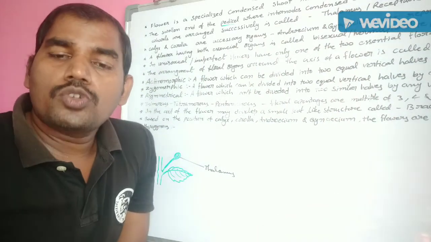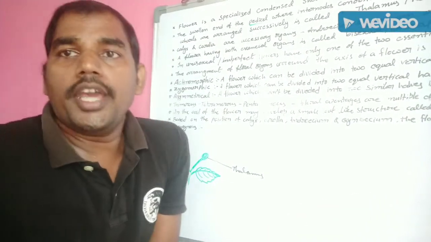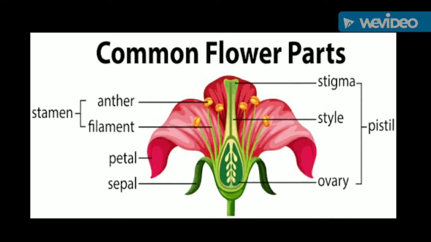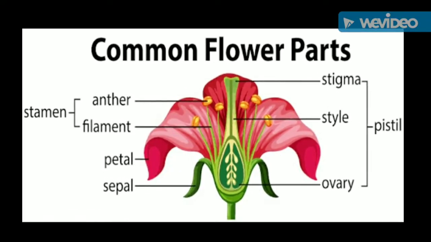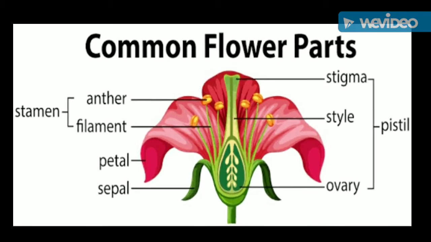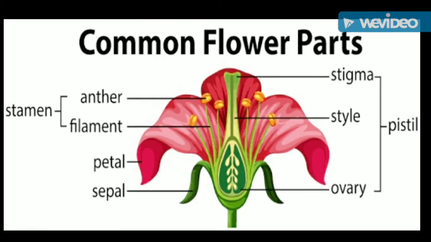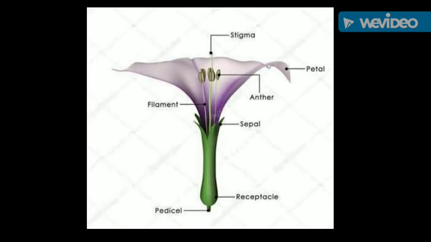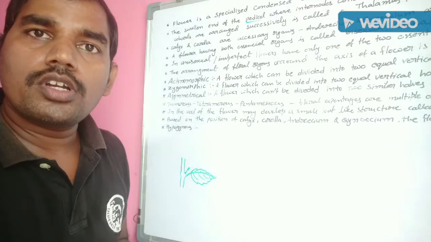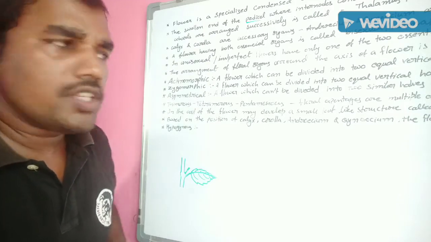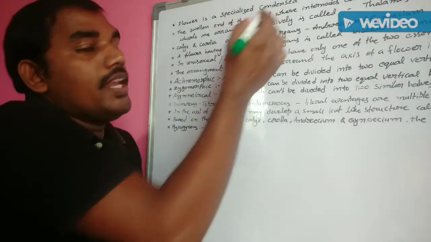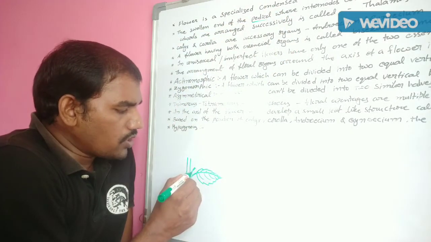Okay. I want to display one of the labelled diagrams about the different parts of flowers. The first one is the swollen end of the pedicel. Pedicel means flower stalk.